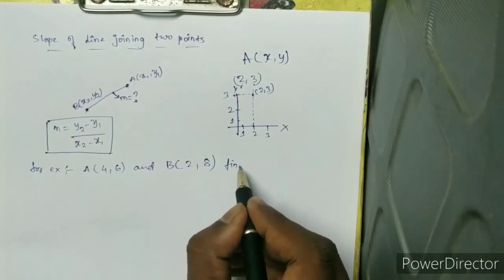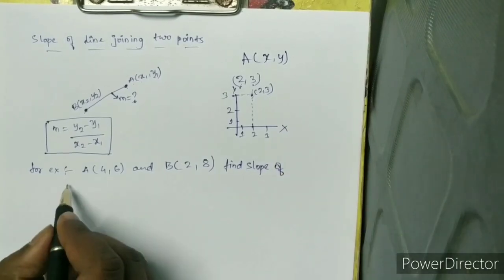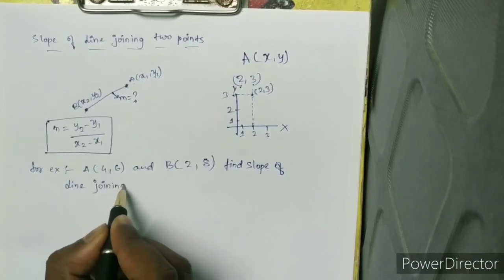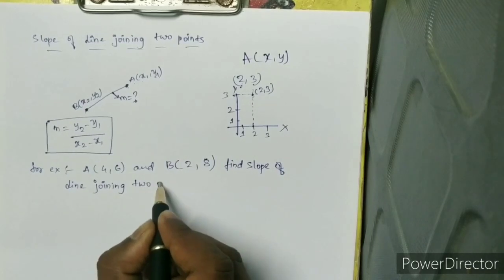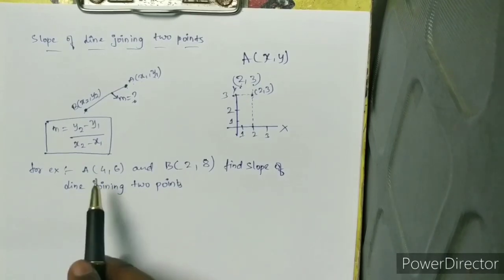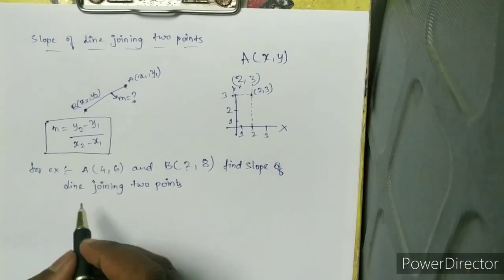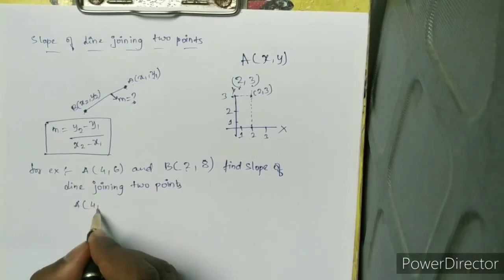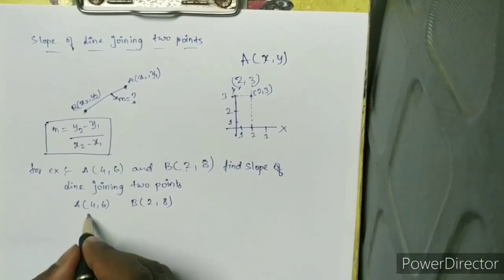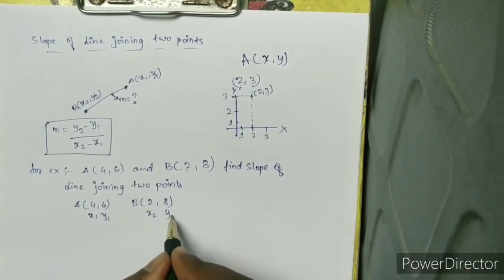If they ask you to find the slope of the line joining the 2 points, which formula do you have to use? This is the formula we have to use. For that, first I'll take point A, it is 4, 6, and point B, it is 2, 8. I'll take this as x1, this as y1, this as x2, and this as y2.